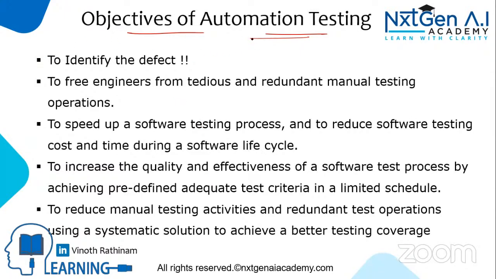The main objective of going from manual testing to automation testing, the first point, is to identify the defect. Trust me, in industry most of the time, freshers are trained in Java and then deployed directly into the project for automation.